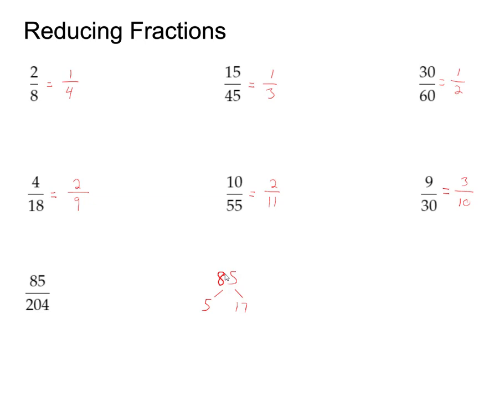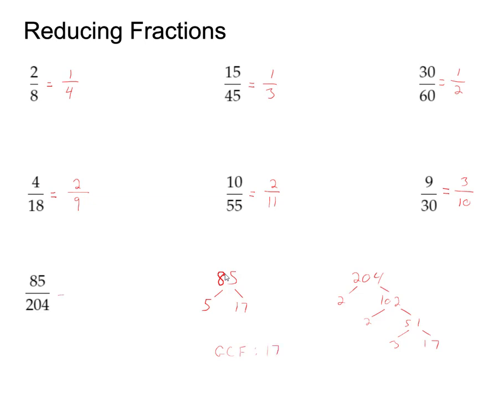Let's do 204 next. So 204, we can get 2 times 102. We can break that down into 2 times 51, and we can break 51 down into 3 times 17. So we actually have a greatest common factor here of 17.